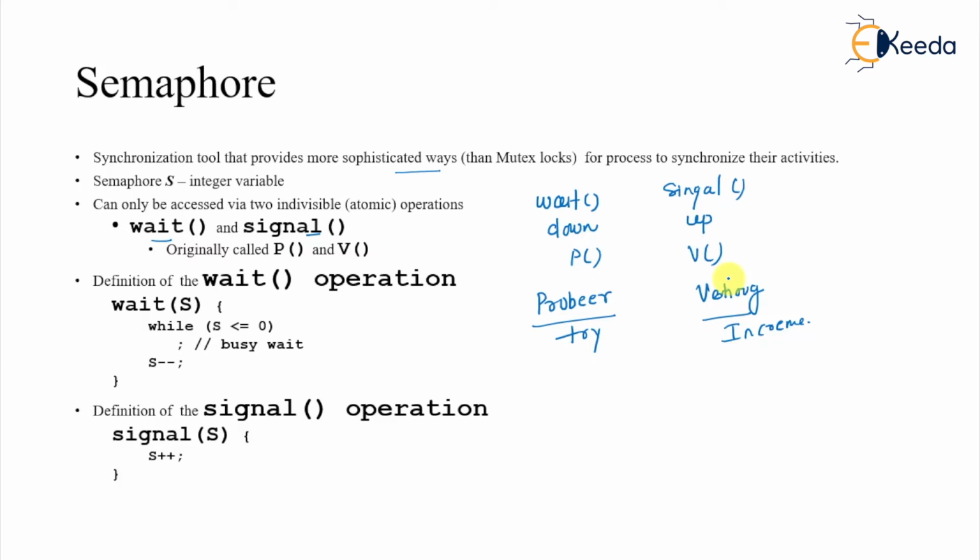Now, from the implementation point of view, the definition of the wait operation is: wait(S) is, if S is less than or equal to 0, then there is a semicolon, and that is equivalent to a busy wait.